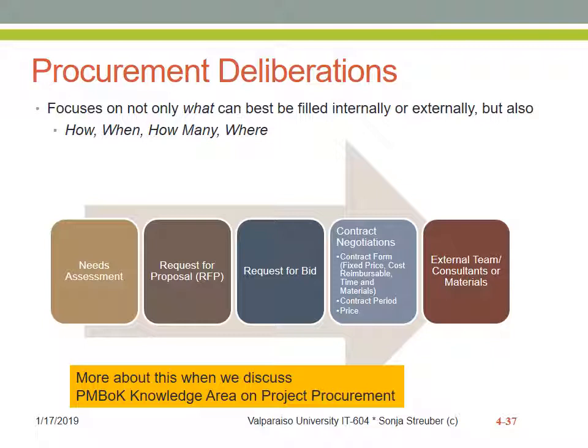And here the contract form will be decided, the contract period and the price. Now we'll talk about contract negotiations more when we talk about project procurement, which in itself is a knowledge area. And then at the end of contract negotiations, the project manager will have an external team or a number of consultants available for the duration of the project, or for the duration for when they are needed.